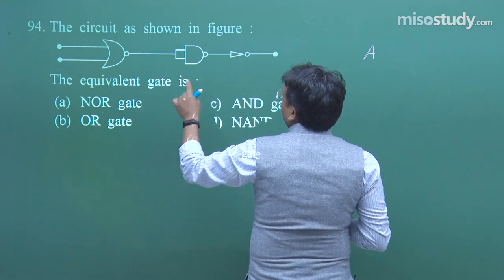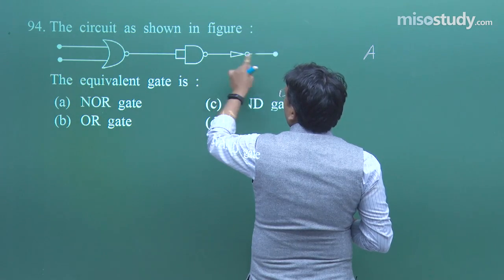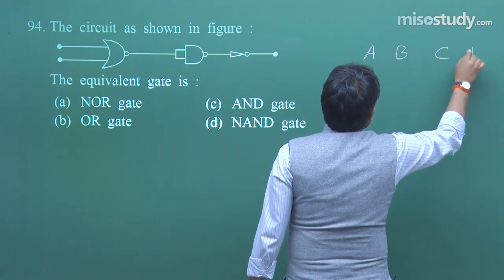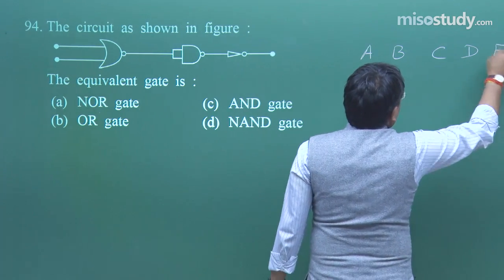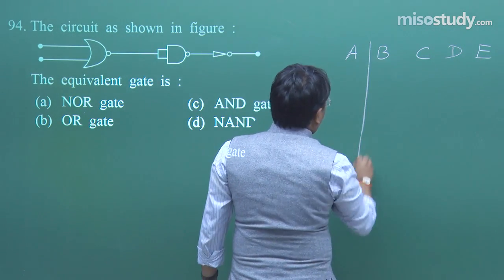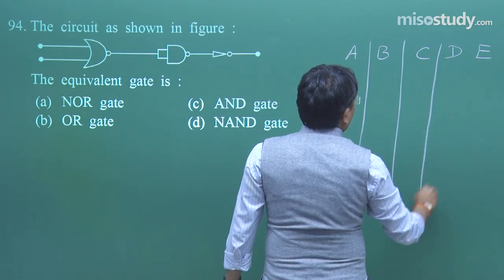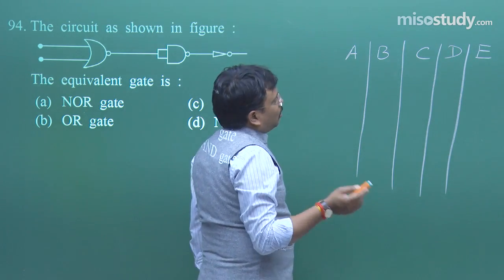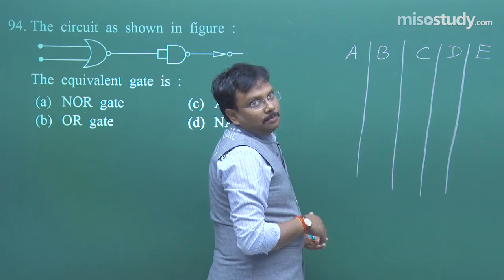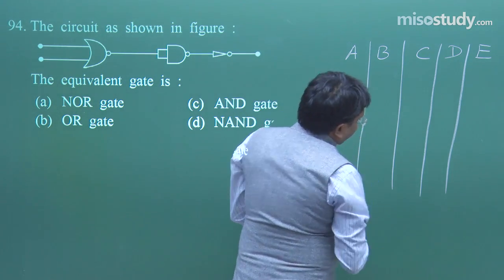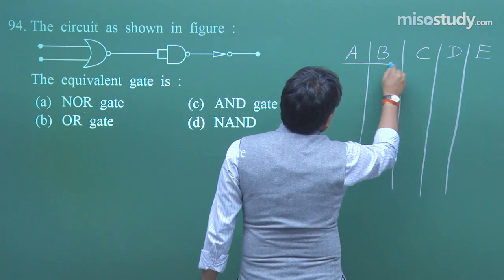A, B, C, D, E. 1, 2, 3, 4, 5. Few of you may think, sir, this is a long approach, but it is simple. It will take around 1 minute, but it is quite simple.